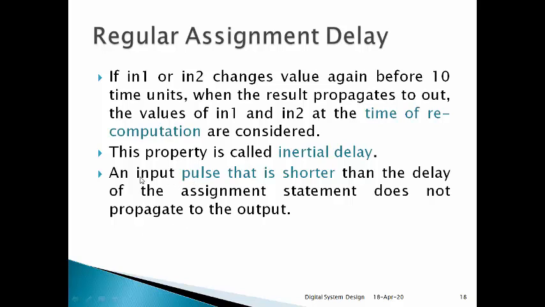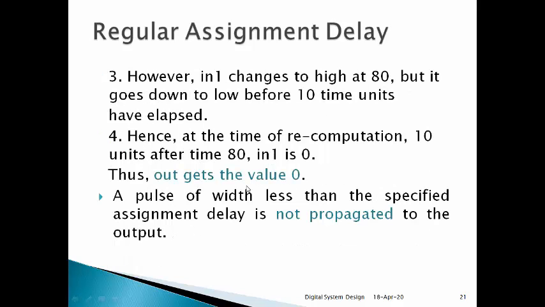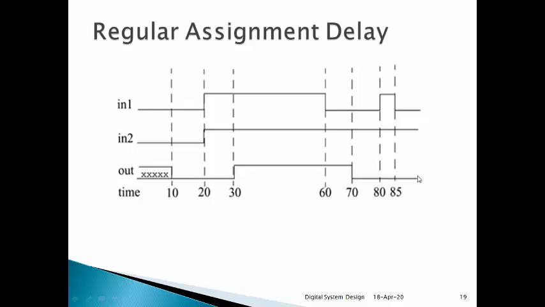The input pulse width is 5 time units and the delay is 10 time units, so this small input pulse is not propagated to the output. Here the details are given that a width less than the specified assignment delay is not propagated to the output, and at 90 time units we still have the output equal to 0.